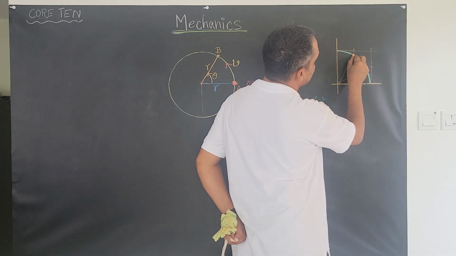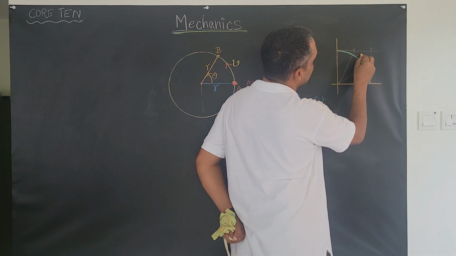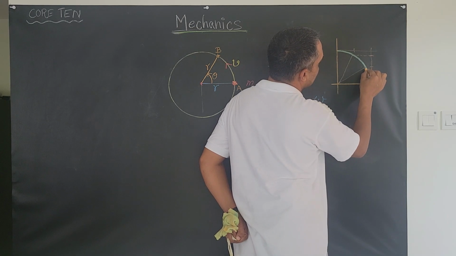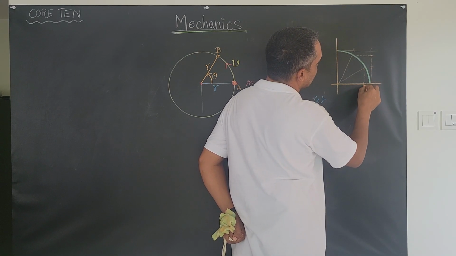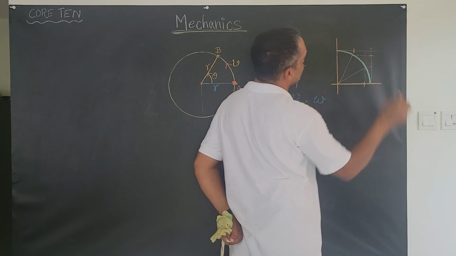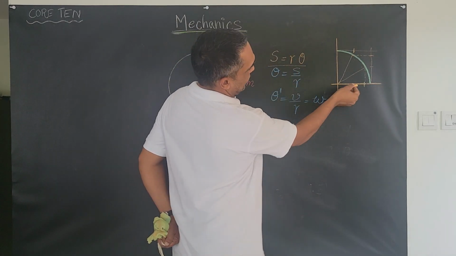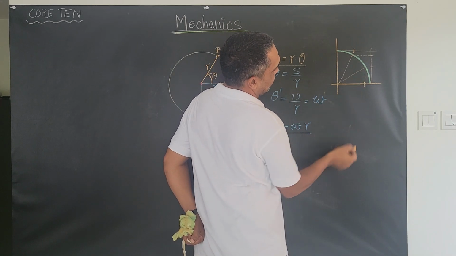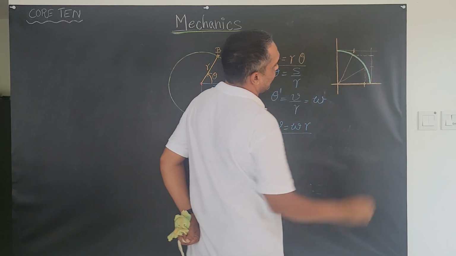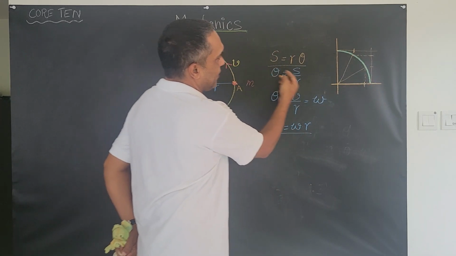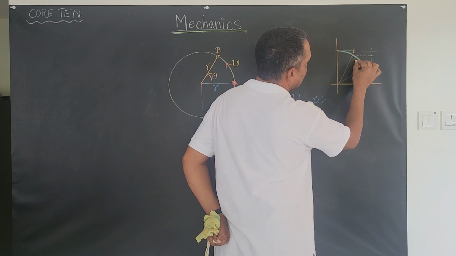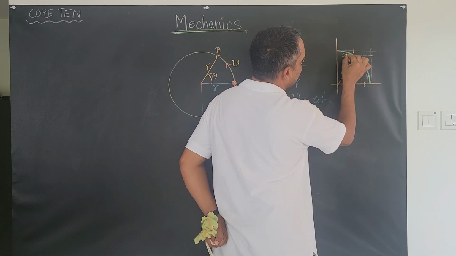I'm going to just extend this here. So assuming these are equal, in the first instance of time, these pieces of the arc are of the same length s. So S1, S2, and S3 are all the same.